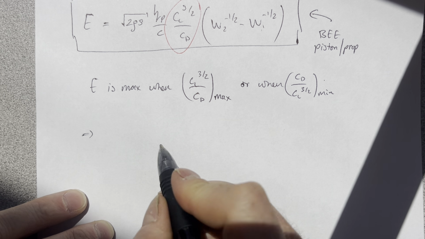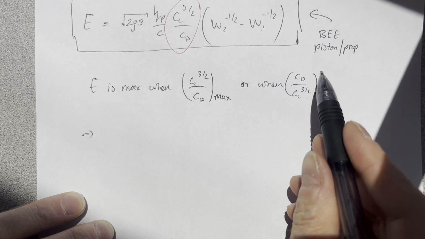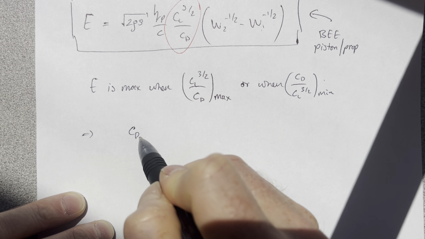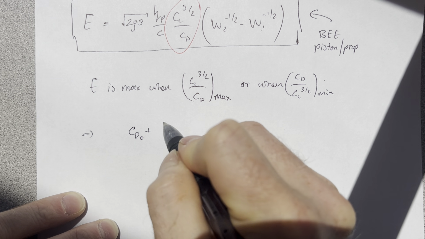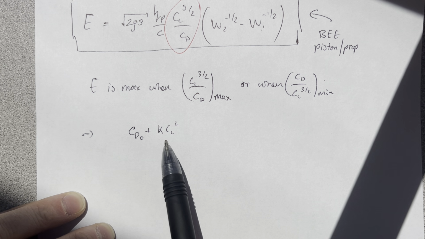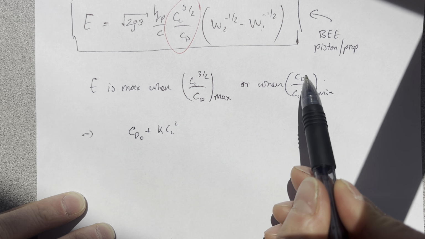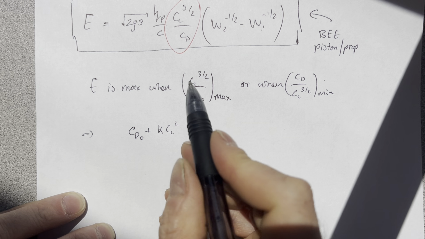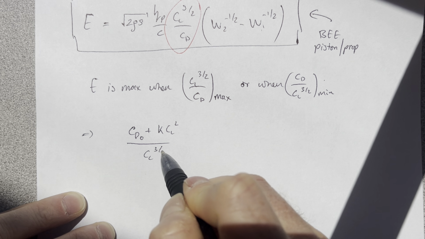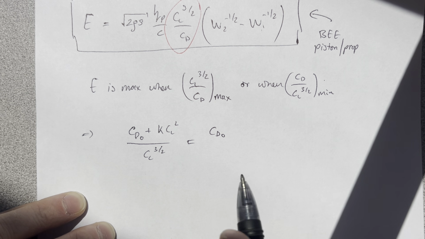So let's basically expand out this ratio. If we've got CD in the numerator, CD is equal to CD0 plus K CL squared. So this is the parasite drag coefficient plus the induced part. That's basically just an expansion for the total drag coefficient here. And then I've got my CL to the 3/2 in the denominator. So let's break that up so it's a little bit easier to differentiate.